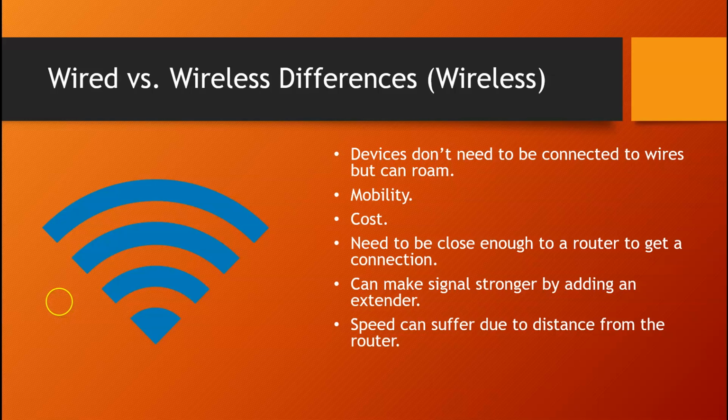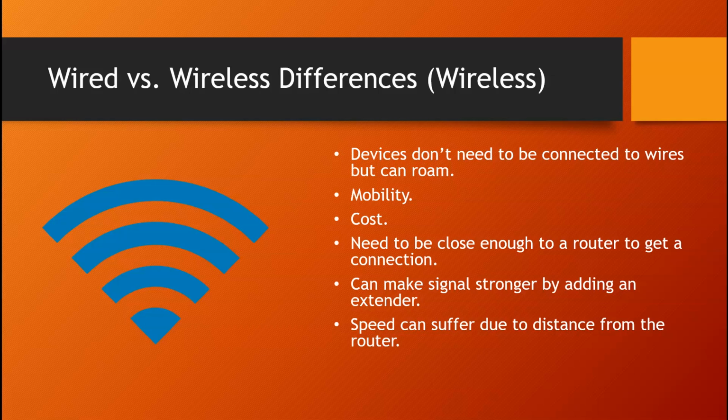Right? But wireless is usually good for mobility because it allows devices to not have to use wires in order to connect with the internet. Also, a very good point is that it's much more cost effective for wireless, because all the wires and all the costs that would go into that, you don't have to sink in the long run.